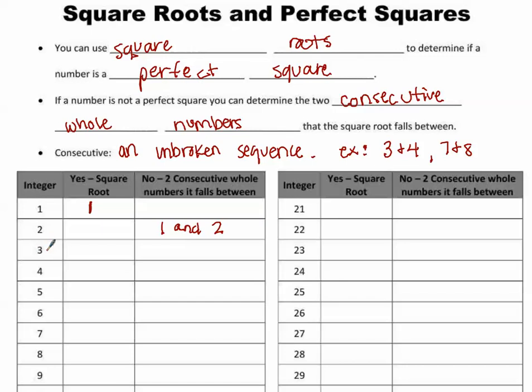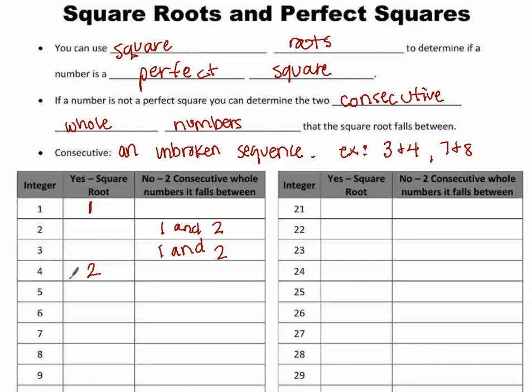Square root of 3 is not a perfect square, but it falls between 1 and 2. Square root of 4, the square root is 2, because 2 times 2 gives you 4.